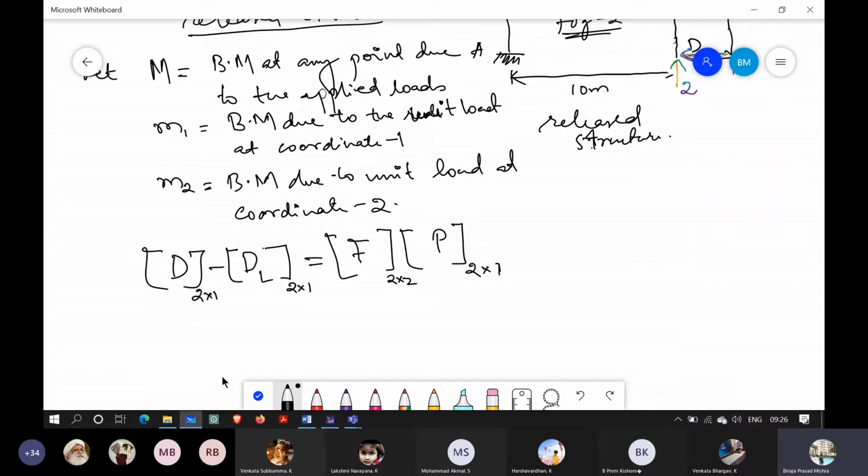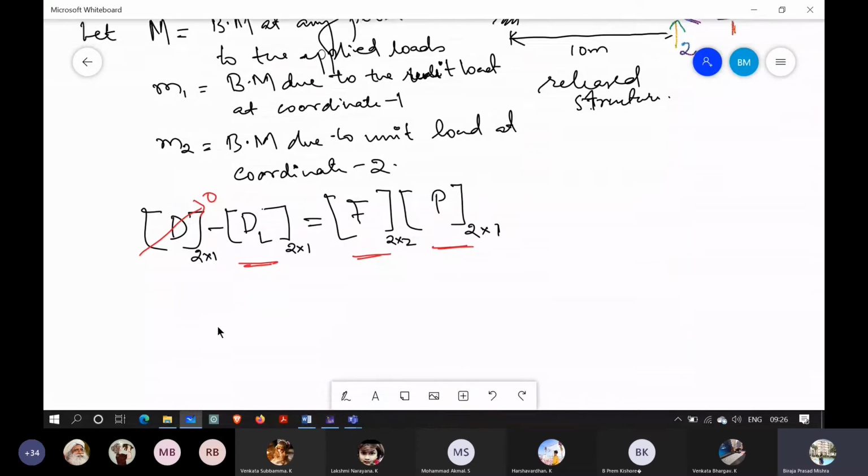In this current problem, this matrix will be 0 because in the question there is no settlement of supports or anything given. So we only have to deal with this DL, this flexibility matrix, and the redundant force matrix.